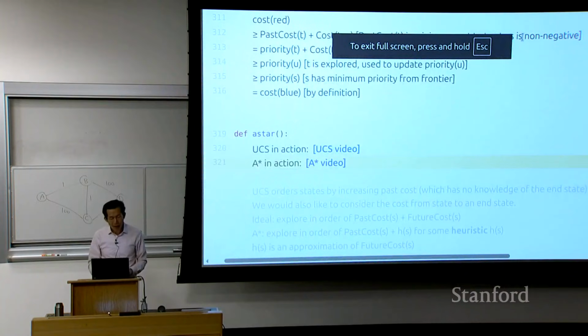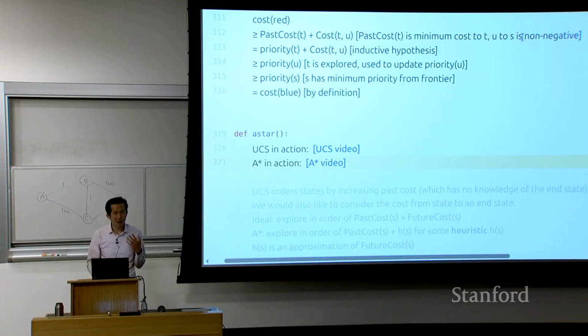And by right way, I mean that it actually is guaranteed still to find the optimal solution. If you think about that for a moment, that's pretty cool, right? Because you can put in some heuristic, and it still has the same guarantees as UCS.